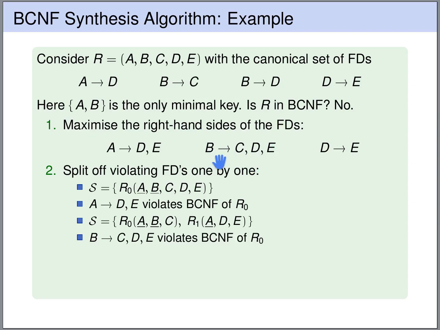So what do we need to do? Not all of the attributes appear in this relation. Of this functional dependency, we have attributes B, C, D, E. Only B and C appear in this relation. So we create a new table that contains the attributes B and C. And in this new table, B will be a key.